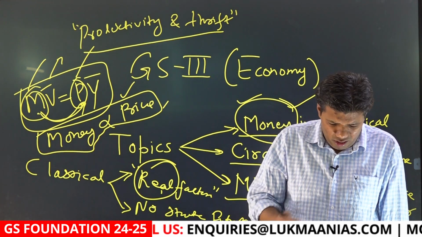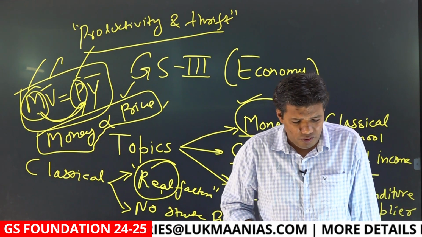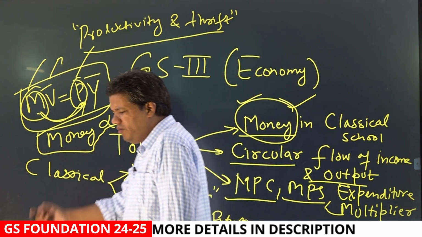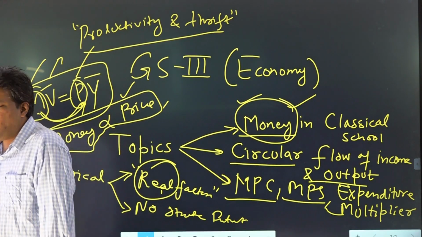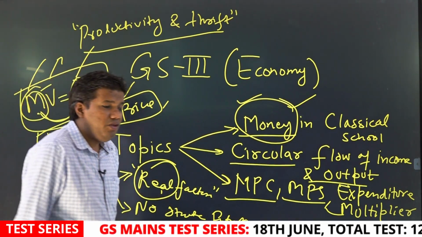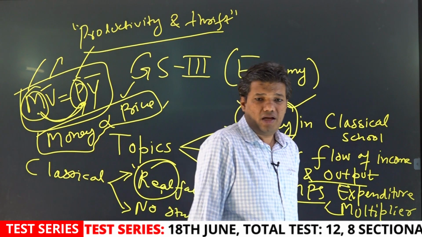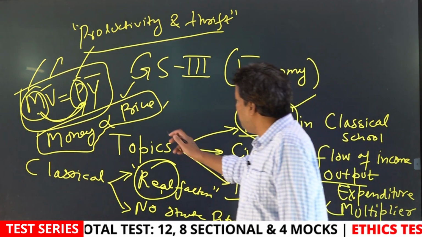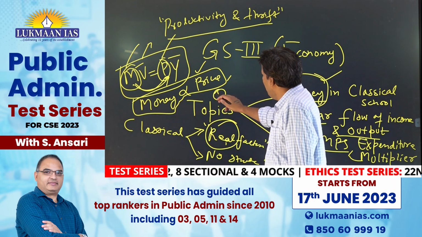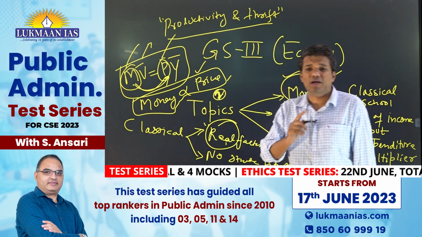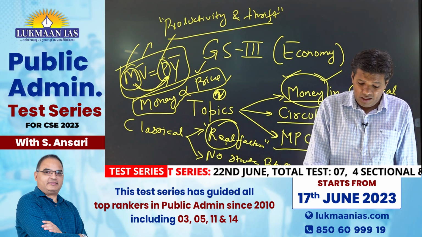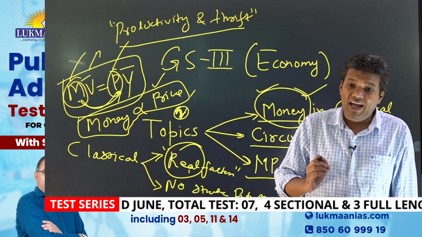Another thing, you can also add one more line in your notes. Before yesterday we studied that output and employment are determined by supply side factors according to the classical school. So this was one important tenet of the classical school. Now please write the second tenet. What is the second tenet? The second central feature of the classical system is the dichotomy.